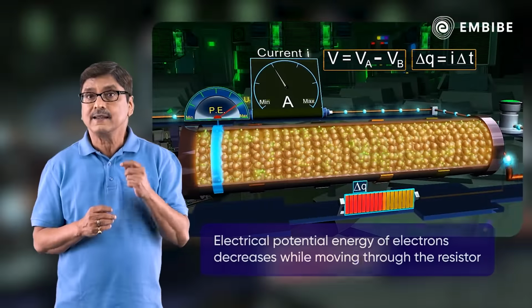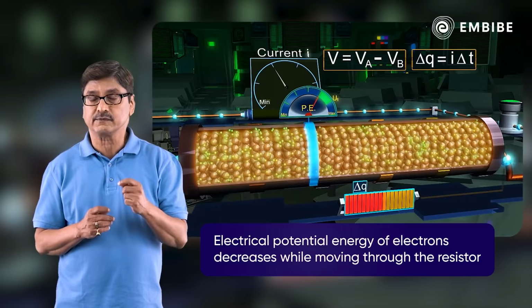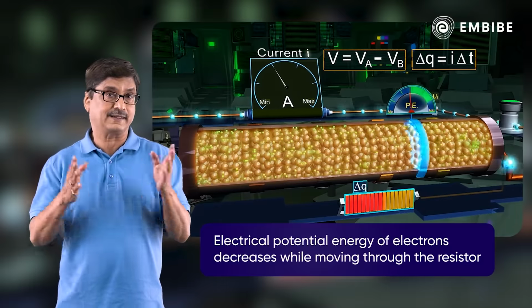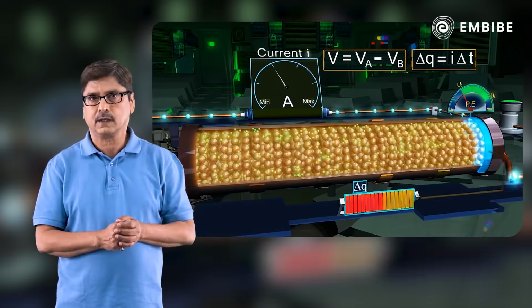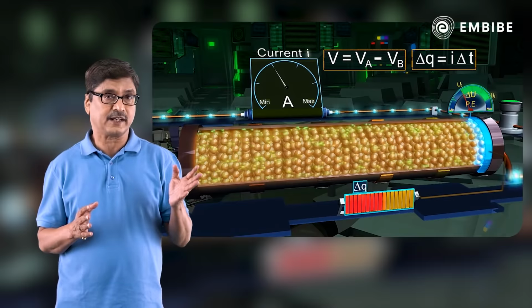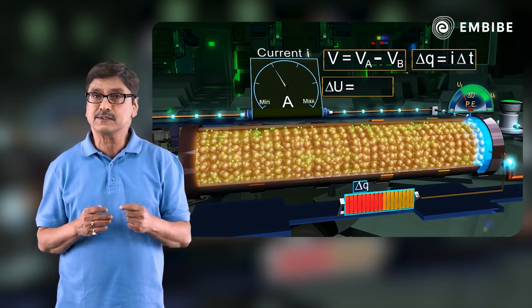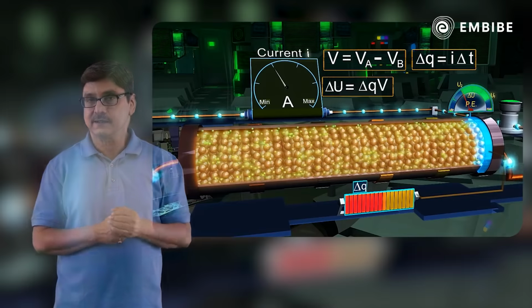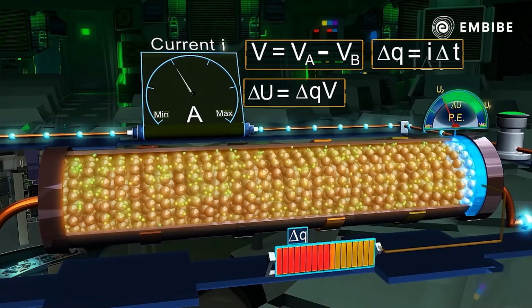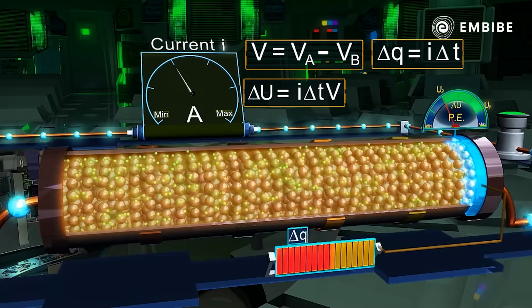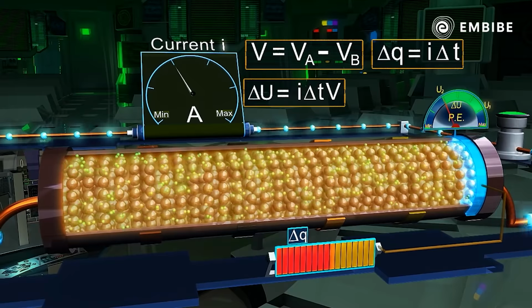Due to this, the electrical potential energy of the charge decreases, and let's say that it is equal to U2. The decrease in electrical potential energy delta U is equal to delta Q V. Substituting the values we get, delta U is equal to I delta T V.